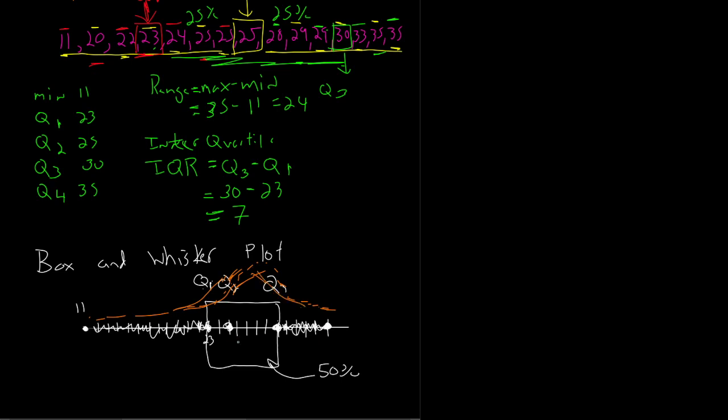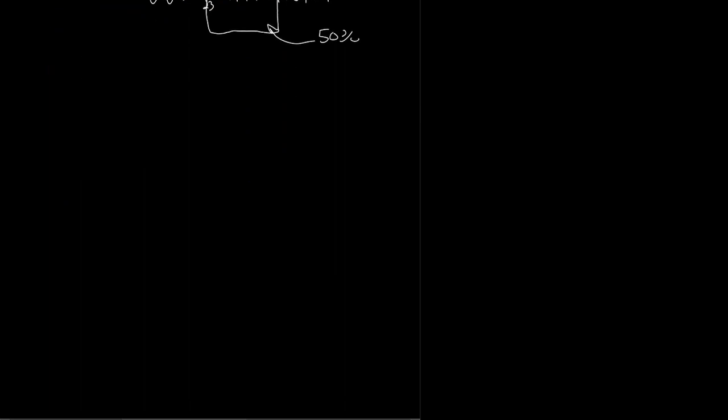But a box and whisker plot shows it to us nice and quickly, and it shows us where 50% of our data is in the box, and then where the other 50% is in the whiskers. Well, position is a very important thing for this. Finding position helps us get our way around data, and it helps us actually find a way of talking about the uniqueness of individual values.